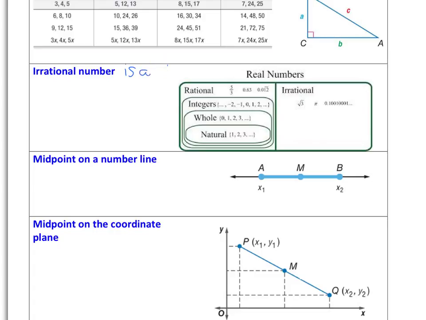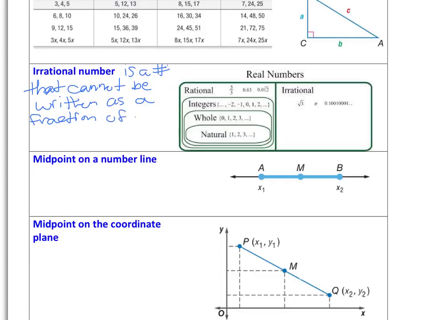An irrational number is a number that cannot be written as a fraction of integers, for example, a over b, where a and b are integers.